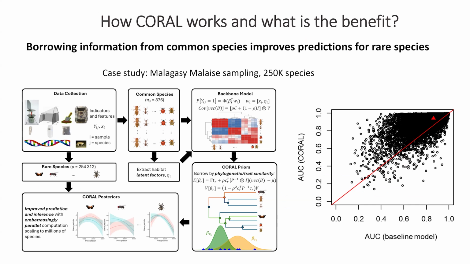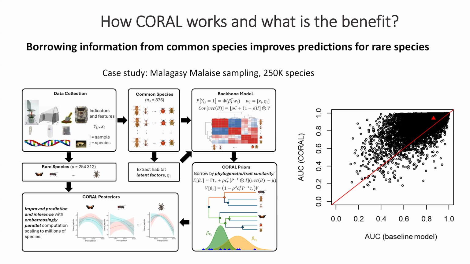What we did was to fit a backbone model for the 1,000 most common species. This is what we can do computationally quite easily. And then we borrow information from this backbone model through the relatedness or through the estimated taxonomy for all of those rare species. And now we can fit the rare species independently of each other in a fully parallel manner.